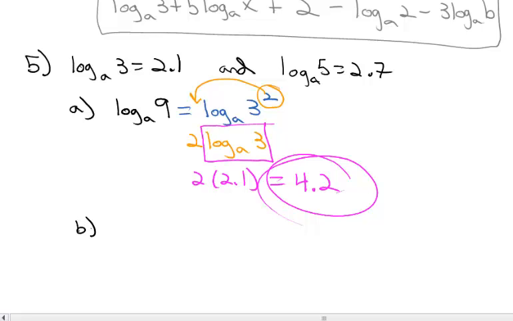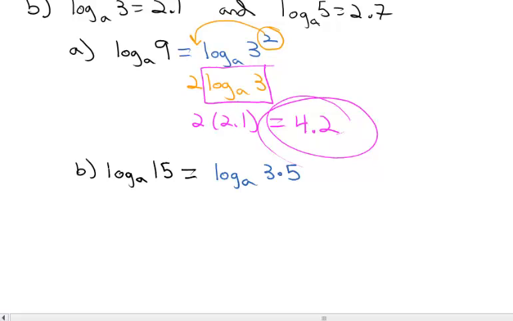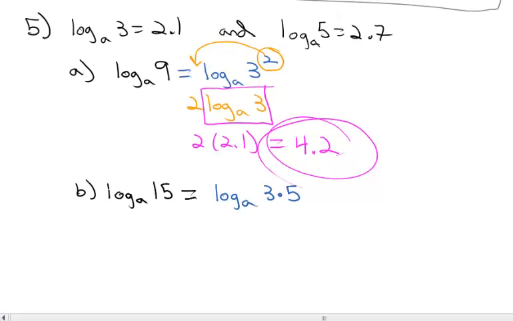How about this one? The log base a of 15. Well, we would know that 15, if we factored it, because it's always about factors, 15 is 3 times 5. So we could expand this because we're multiplying.